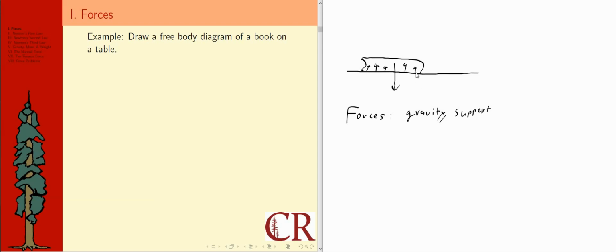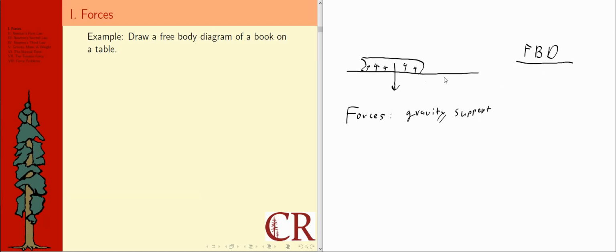But how do we do this as a free body diagram? Because drawing lots of little forces and arrows tends to get a little bit messy, and some people will do that. But those support forces that I was trying to draw as many little arrows, representing all the little points where the table is pushing up on the book, what if I could just represent those with a single force?